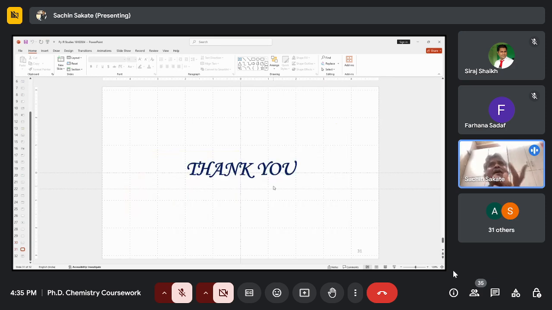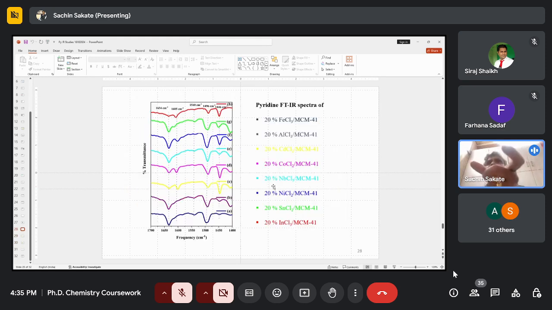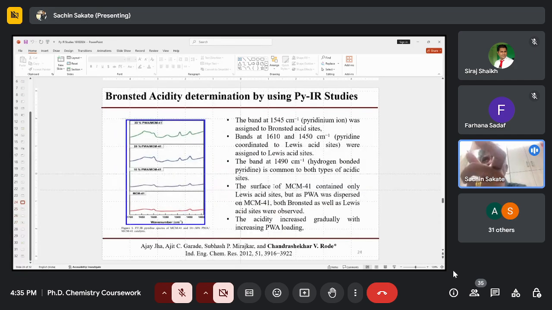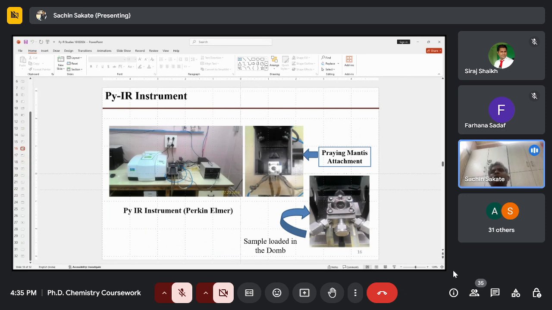So this is about the techniques, but now I am going to talk about the actual instrumentation. So before going to the instrumentation part in detail, I would like to have your queries. I would like to know your doubts and your questions before going for the instrumentation, because application is more interesting and easier to learn than instrumentation.